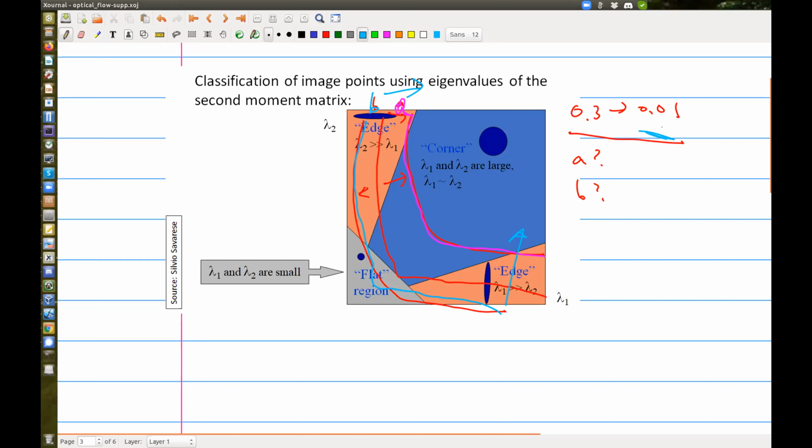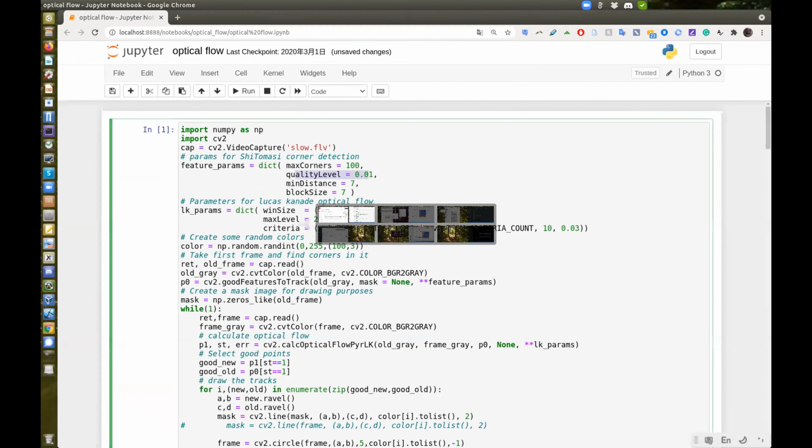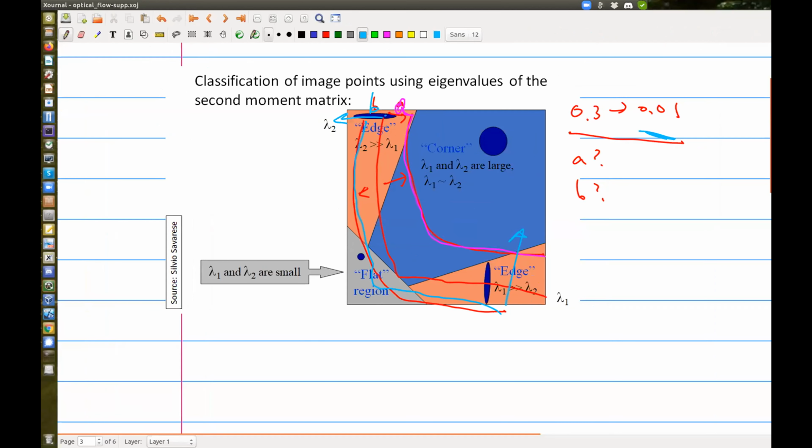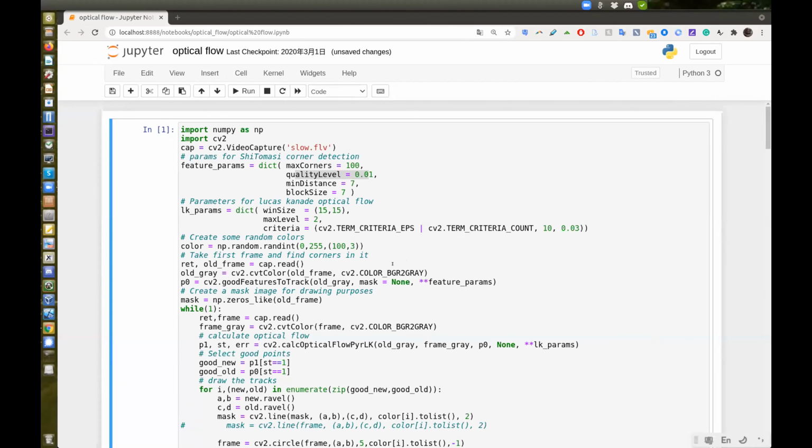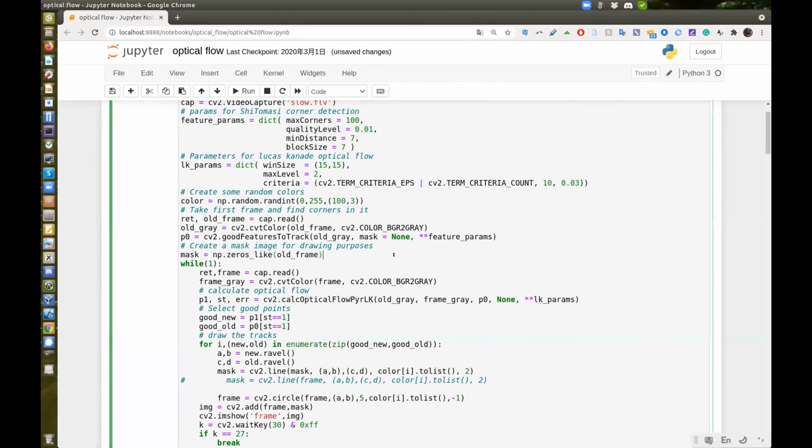So when I decrease it, I'm moving my threshold toward the origin. So that's the parameter for the corner detector, the good features to track.